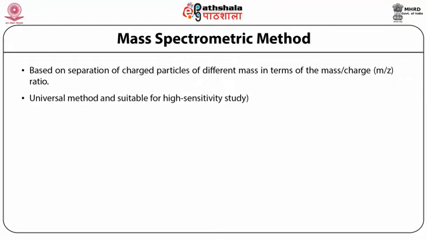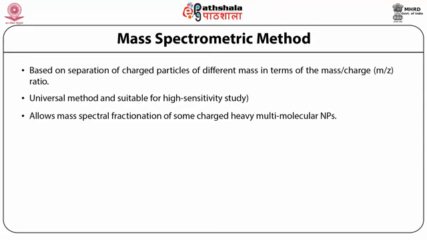It is a universal method, meaning it is applied to all kinds of analytes, and it is suitable for high sensitivity studies because it can detect content up to picograms or picomoles, and also it can give us mass to the accuracy of 6 decimal places. Now some variants of this method allow mass spectral fractionation of some charged heavy multimolecular nanoparticles also.